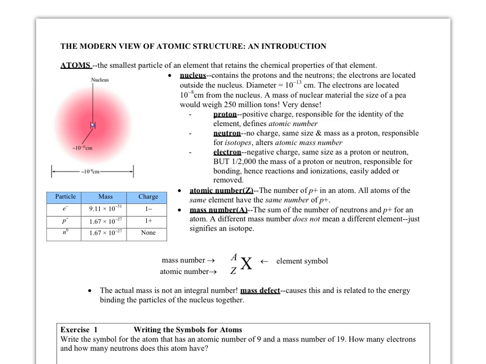That is a lot of mass in a really small volume, so the nucleus is very, very dense. We have our positive protons and our neutral neutrons, which have no charge. Electrons are very, very small compared to protons and neutrons, and therefore have really tiny masses as well.